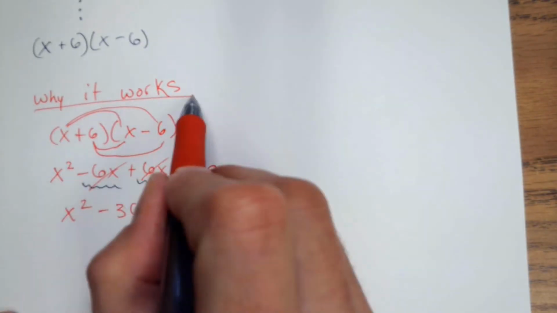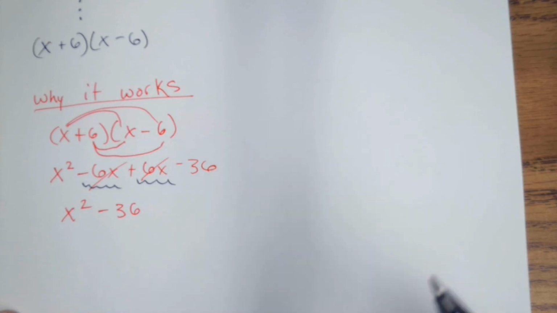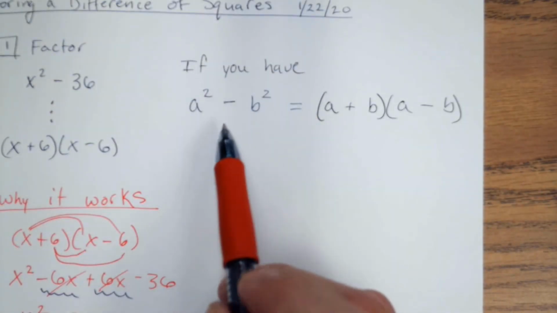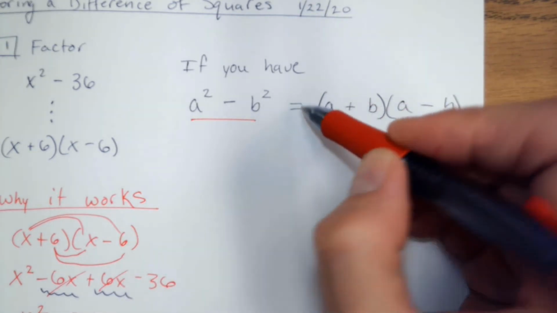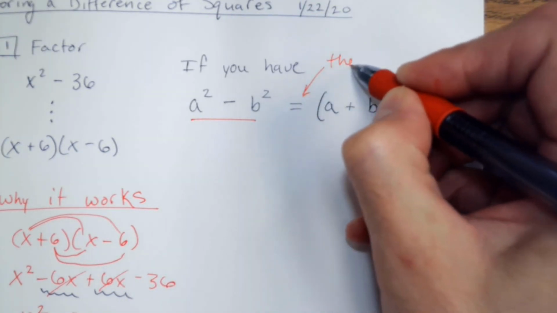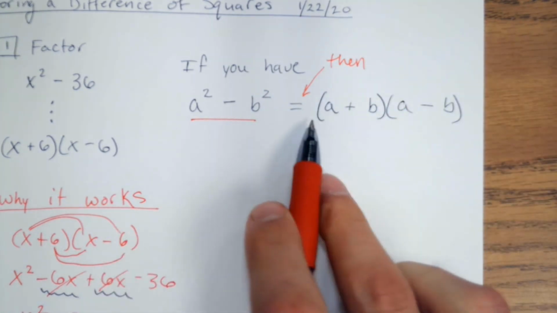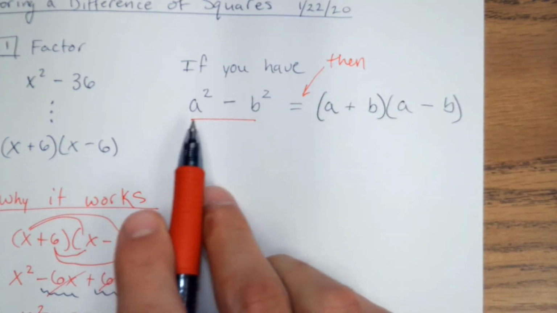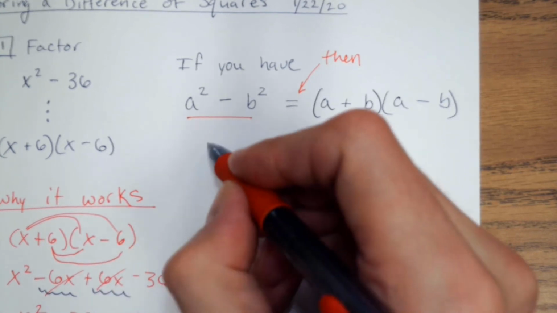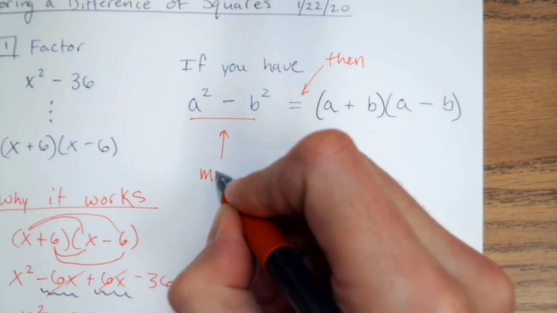So if you have something squared, and there's a minus sign in between, then we get this. There must be a minus in between.